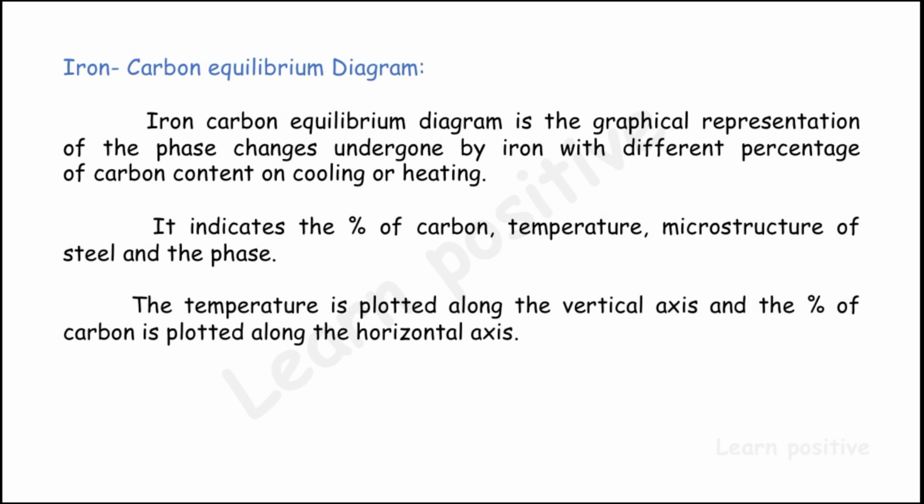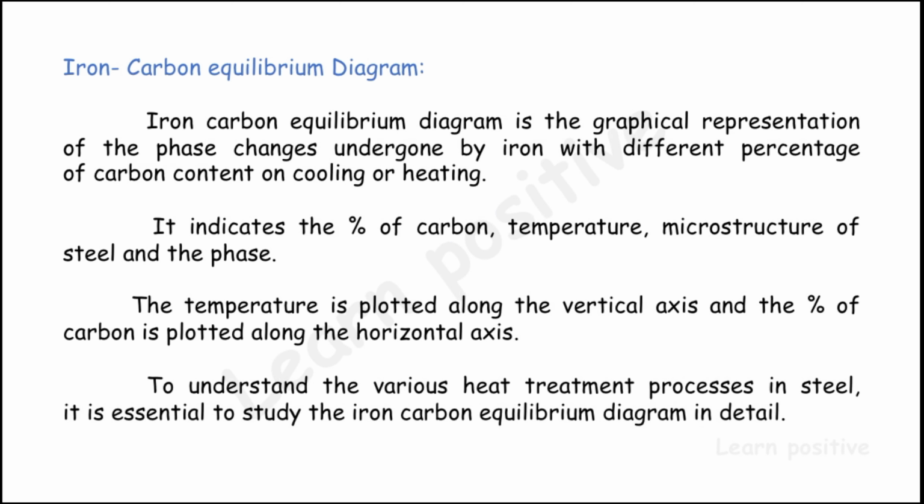To understand the various heat treatment processes in steel, it is essential to study the iron carbon equilibrium diagram in detail. So, I am going to give this iron carbon equilibrium diagram in the next video. This is the video for the introduction to the iron carbon equilibrium diagram. In the next video I will give details about the diagram fully.